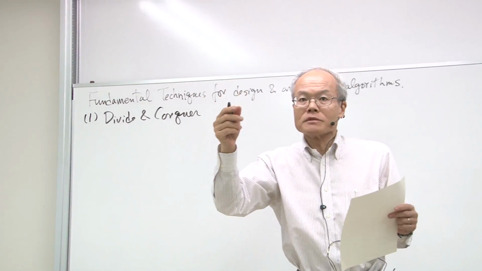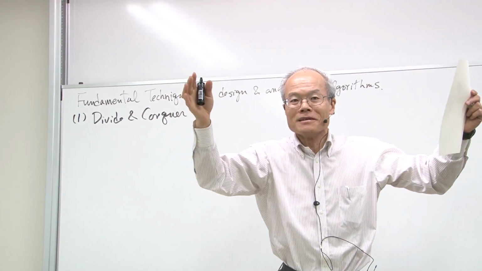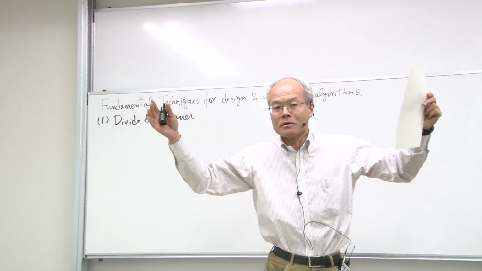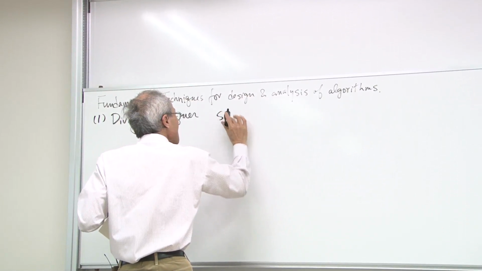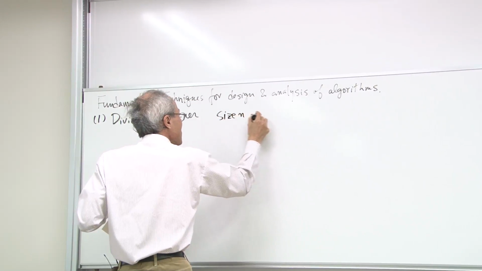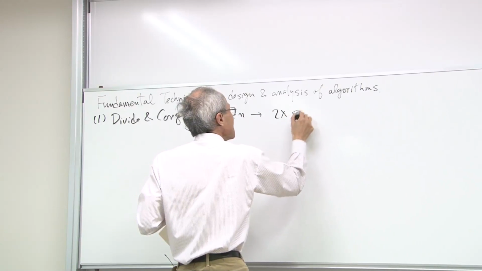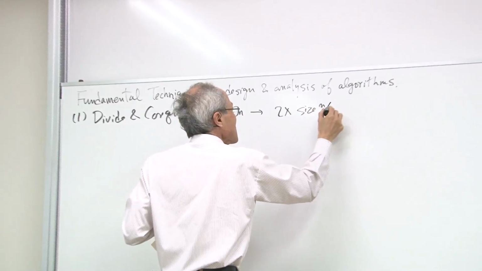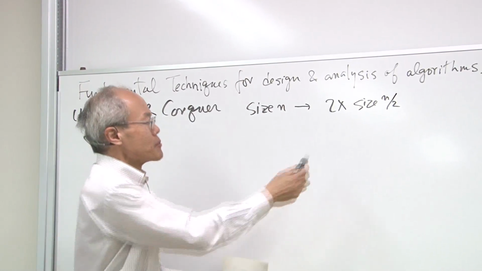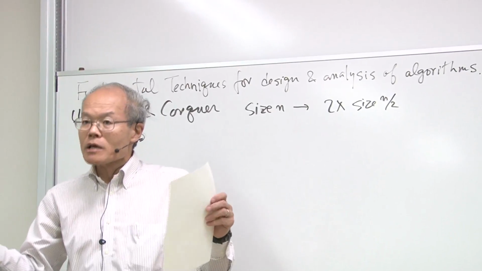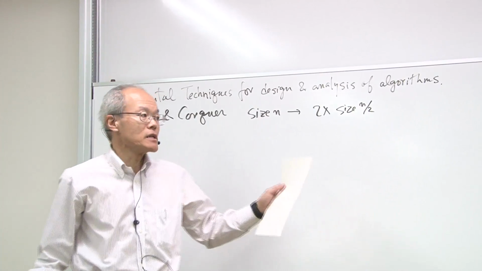We are given a problem, then we try to reduce the size of the problem from size n to two problems of size n over 2. We solve these smaller problems independently, then we combine the results to get the final answer. That's divide and conquer.